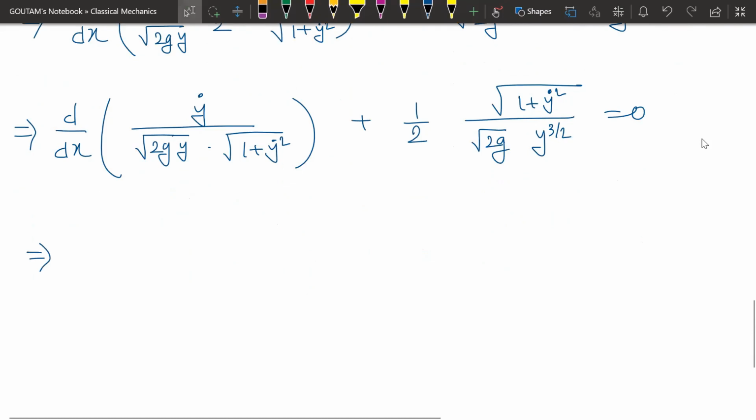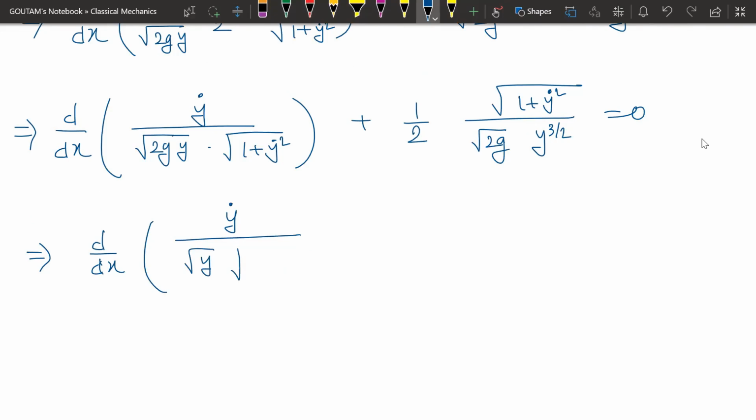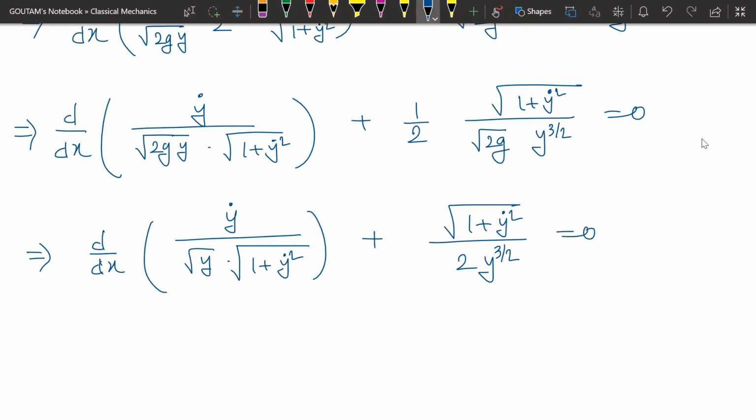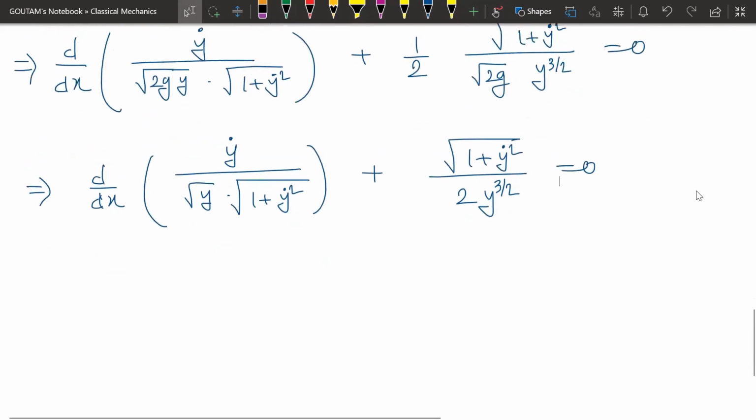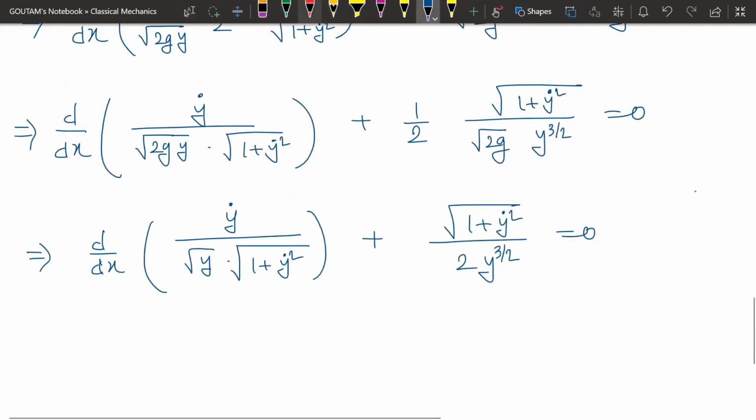Then we get d/dx of y dot over root under y times root under 1 plus y dot square, plus root under 1 plus y dot square by 2y to the power 3 by 2 equals 0. Let's call it equation 1.